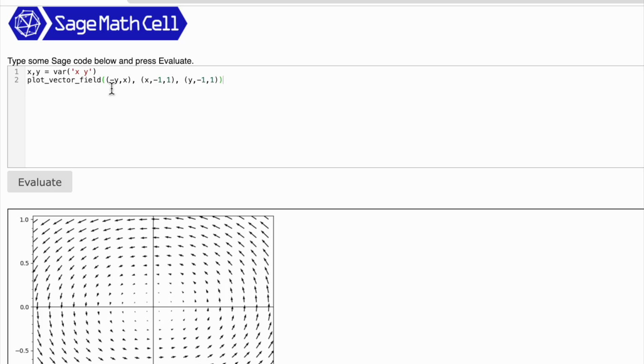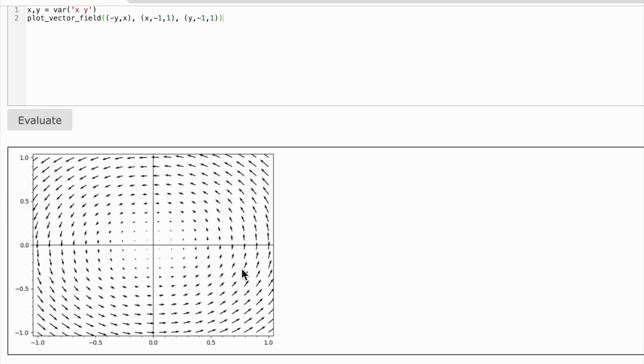Remember, the vector field is (-y, x), and I'm giving this window here for the values of x, y. We can actually use essentially any window. And here we see the plot that the computer does with more points. In particular, we have the ones that we calculated ourselves.